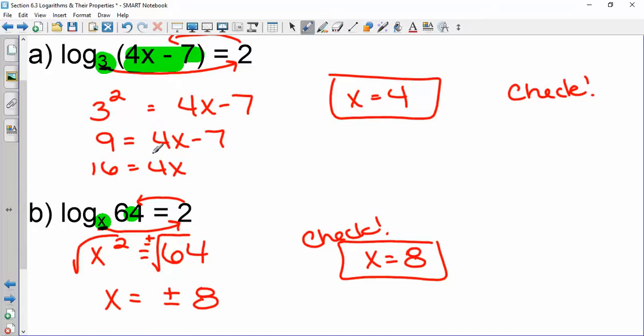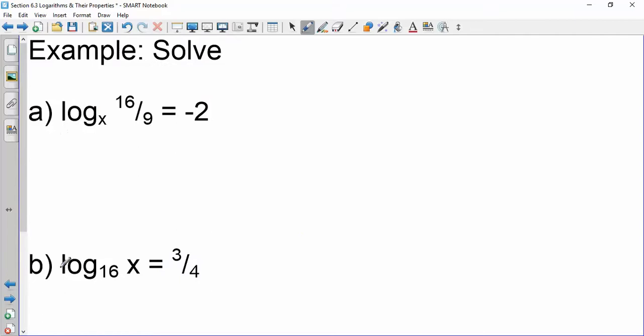Let's do a few more together, and I'll give you guys a couple to try. Alright, how do I write that in exponential? This is the type of problem that some of you have struggled with in the past.